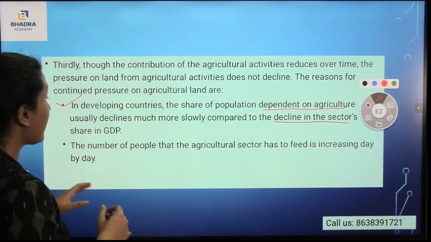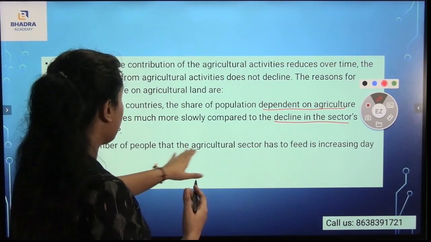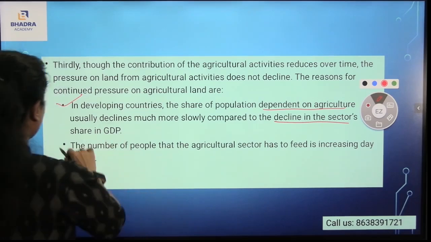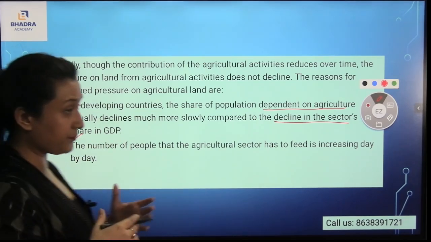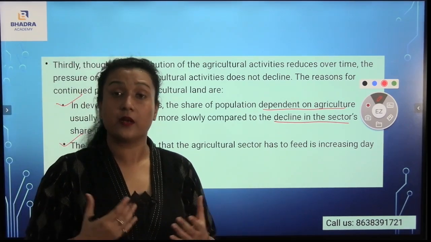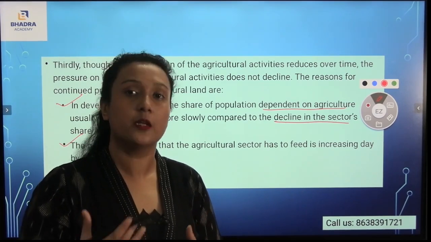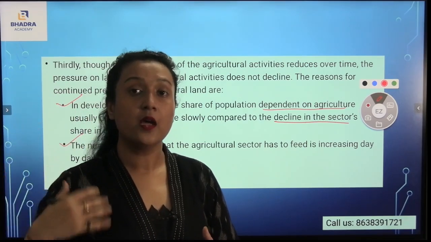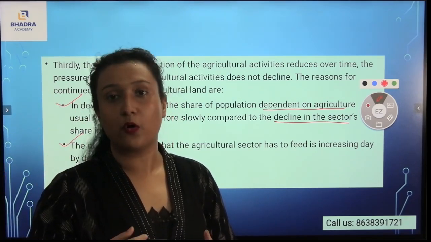First of all, it declines very slowly, and second of all, the number of people that the agricultural sector has to feed is increasing day by day. Also, the population is still dependent on agriculture. As the population is increasing, the demand for agriculture will also increase.